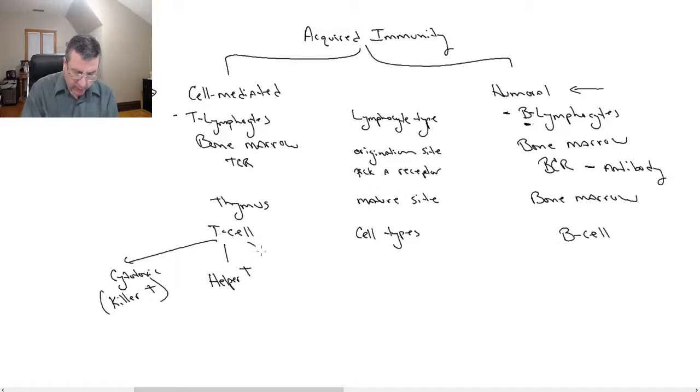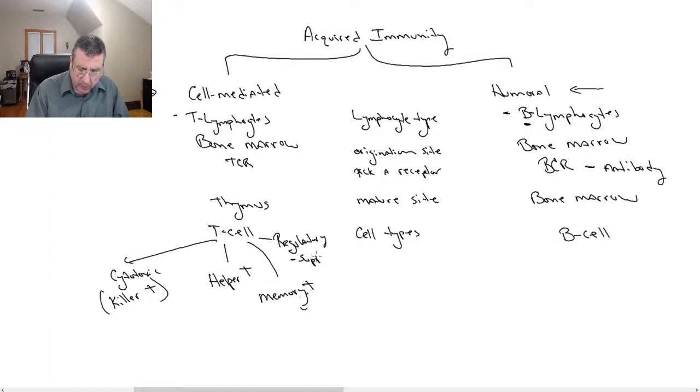We are going to have a memory T, and then we're going to have a regulatory T. We're not going to spend much time on the regulatory. This one actually suppresses your immune system. We'll go into these other ones in the next video.